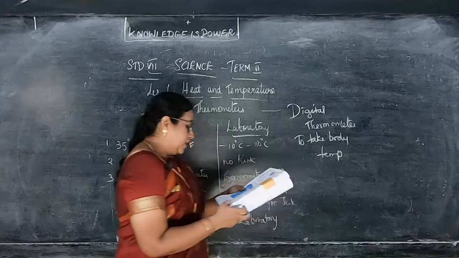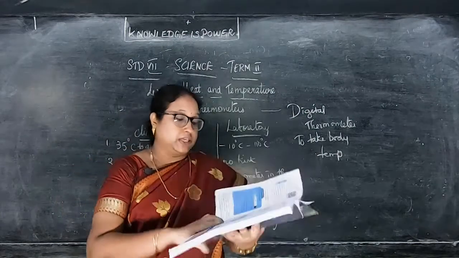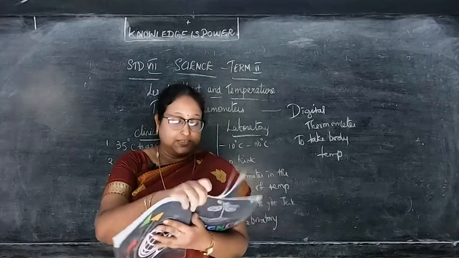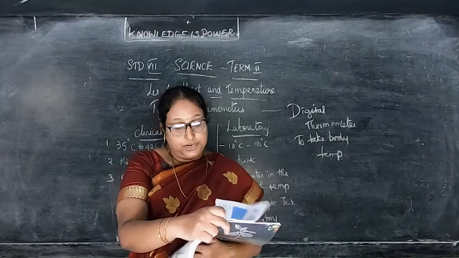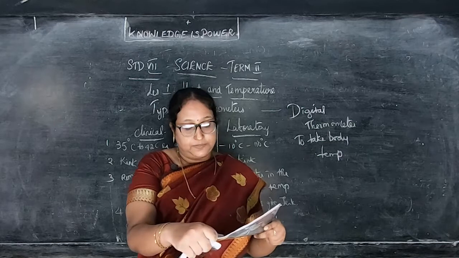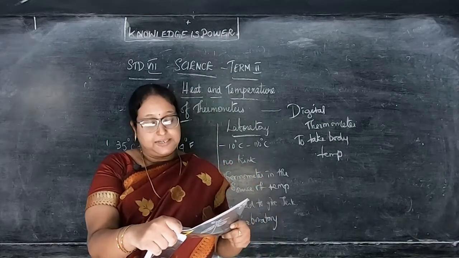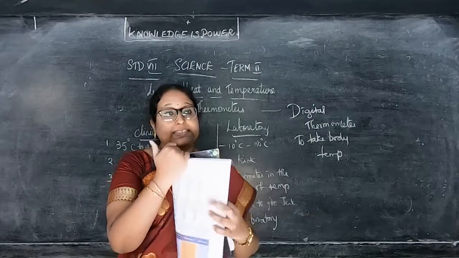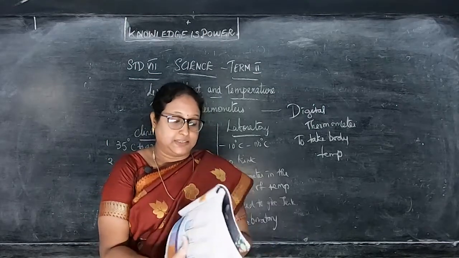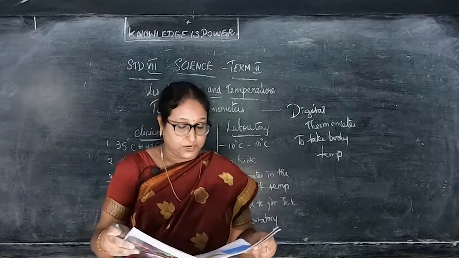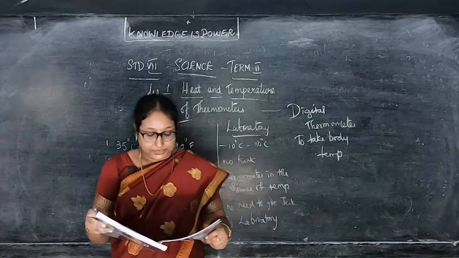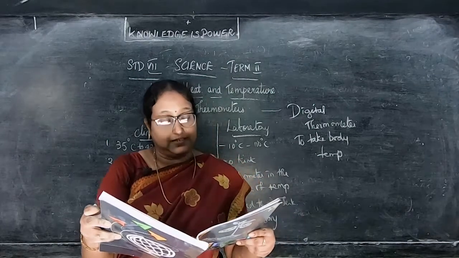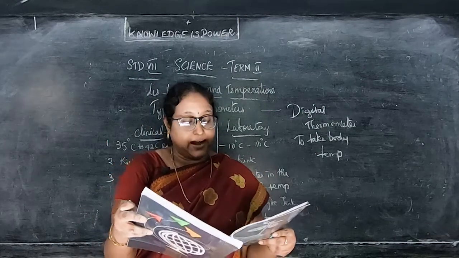Okay children, now next we will see the scales of thermometers. First is the Celsius scale. Celsius is a common unit of measuring temperature, named after the Swedish astronomer Anders Celsius in 1742. Before that it was known as centigrade. Thermometers using this scale are calibrated from the freezing point of water, that is 0 degrees, and the boiling point, 100 degrees.